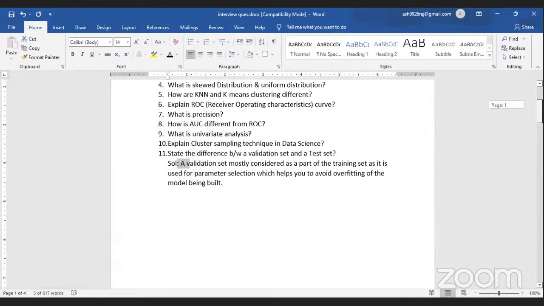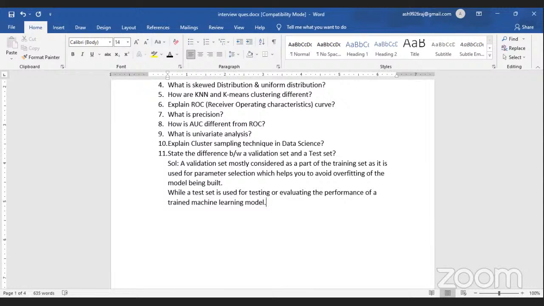Okay. And the test set, we can write, while a test set is used for testing or evaluating the performance of a trained machine learning model.